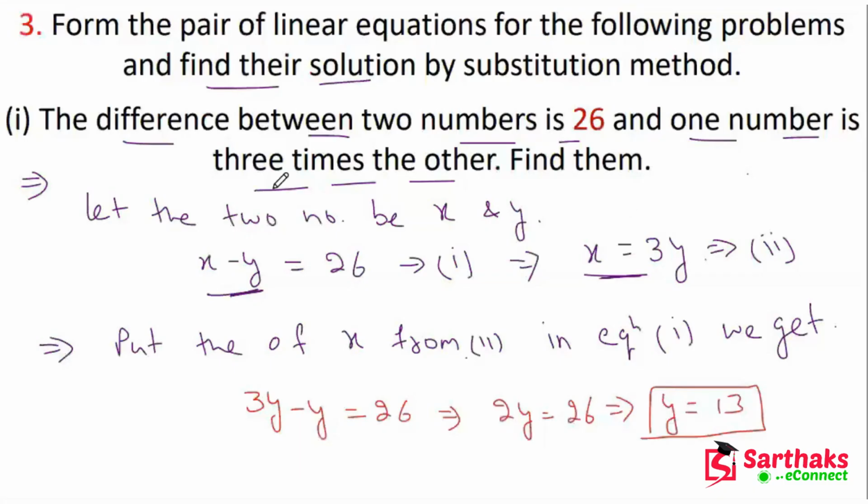We are having the value of y is 13, and if we put the value of y in equation second. In equation what? In equation second. So the value of y is what? 13, and equation second is x is equal to 3y.